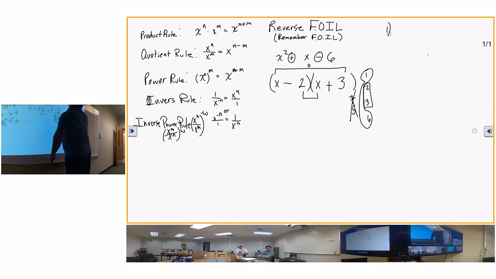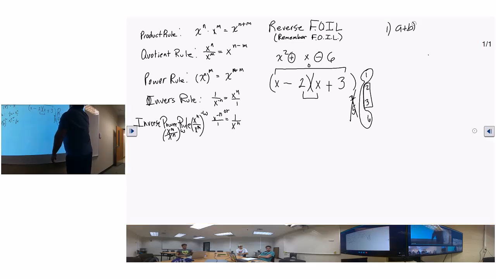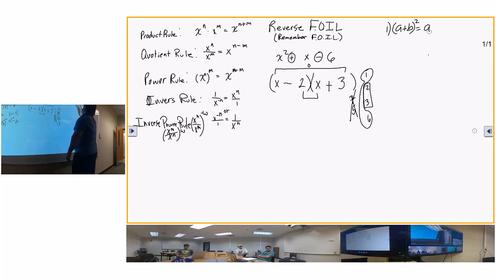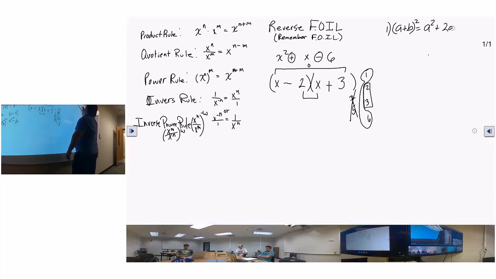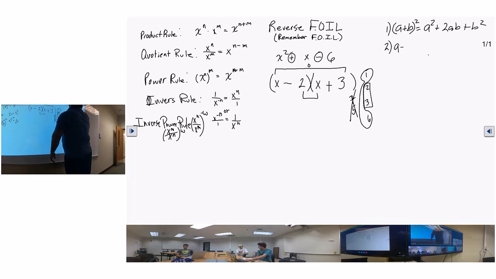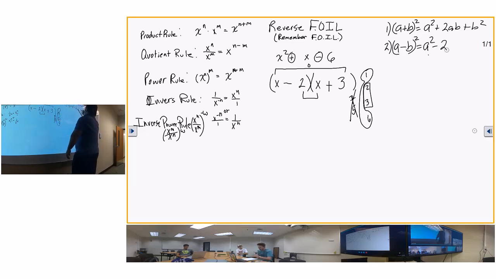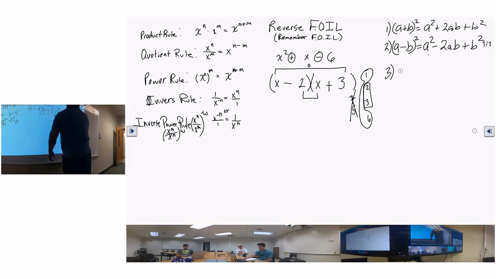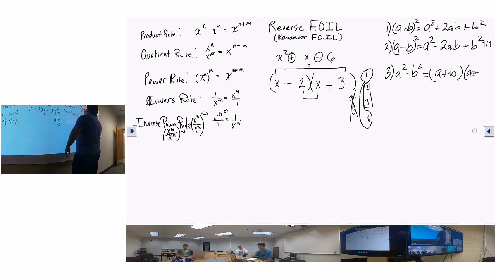Shortcuts. 1. A plus B, quantity squared, is equal to A squared plus 2AB plus B squared. 2. A minus B, quantity squared, is equal to A squared minus 2AB plus B squared. 3. A squared minus B squared is equal to A plus B times A minus B. 4.